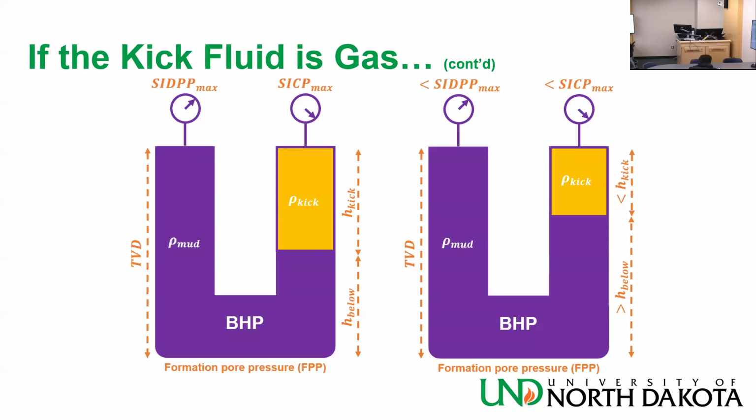Normally what they do, or what they did at my time, and they still do, is switch to oil-based mud from water, and they keep it like that until the end. When you switch to oil-based mud, it's more expensive. You want to avoid that.